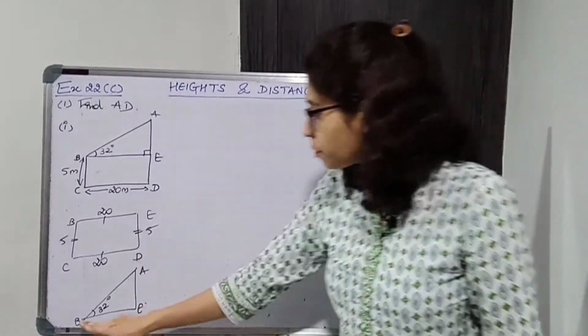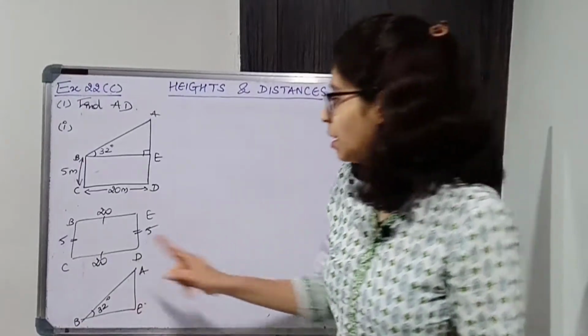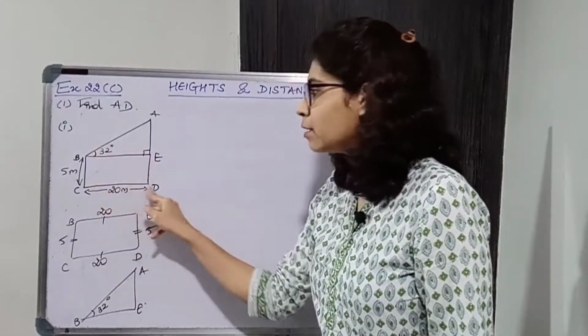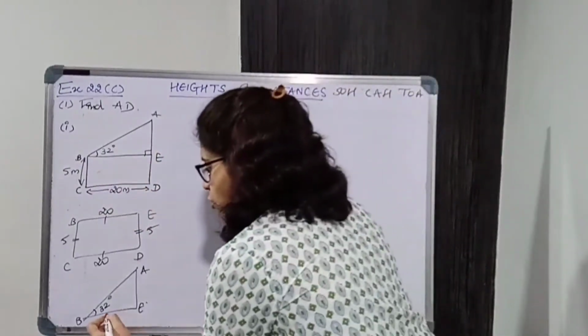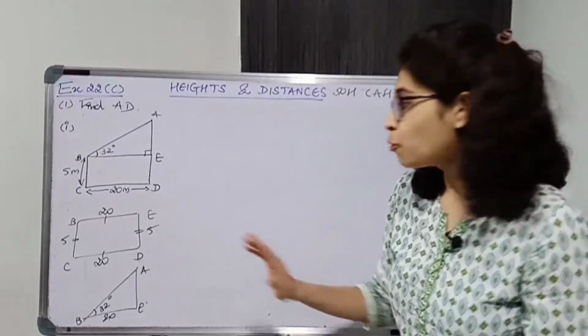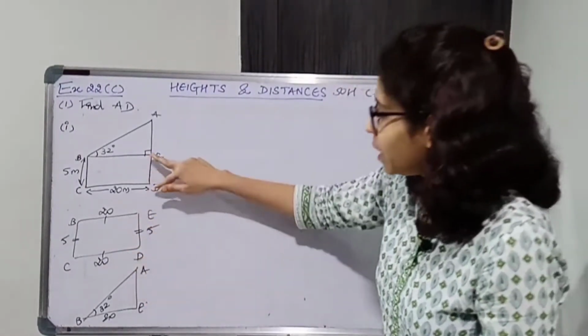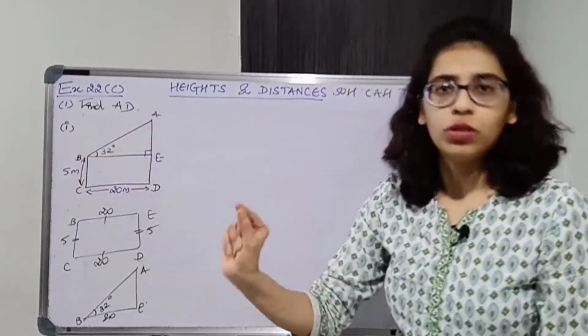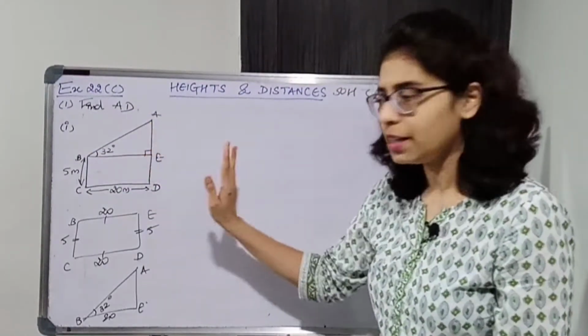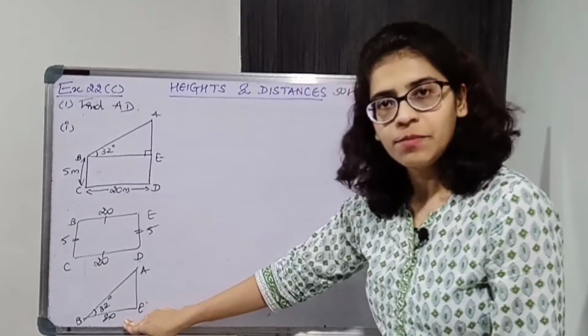So BE I can easily find. BE is equal to CD. BE is a part of the rectangle. So this is 20. Now I have sufficient information. So from the rectangle we can find ED and BE both. BE will be useful to find AE. Alright. So BE is 20.